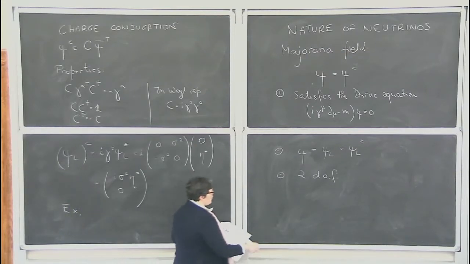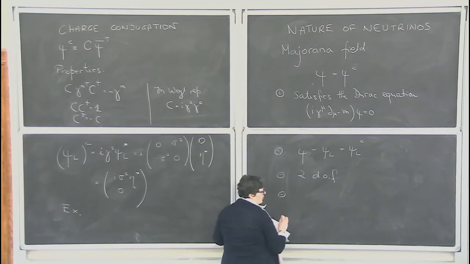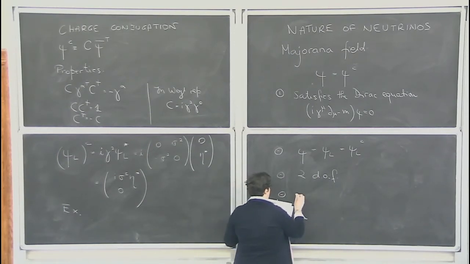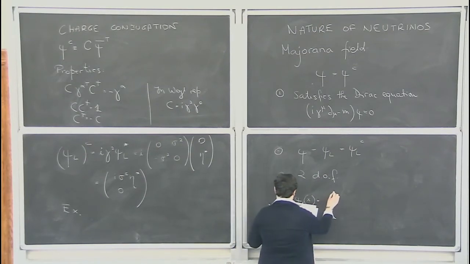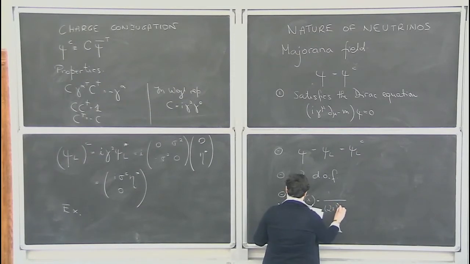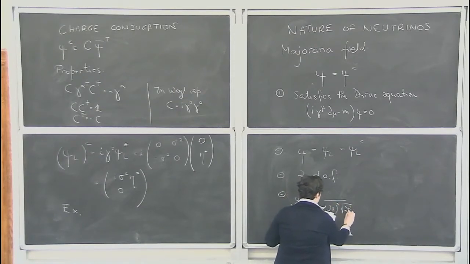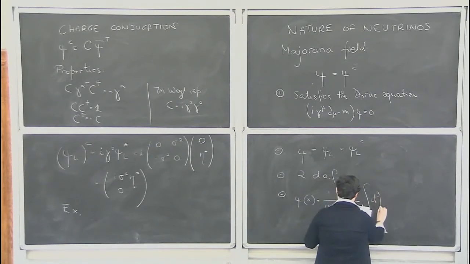You can see that also when we look at the quantization of the field. So I can write down the Majorana field in terms of only one type of operator. So I will have 1 over (2π)^3, the square root of 2E, and then my integral in d^3p.